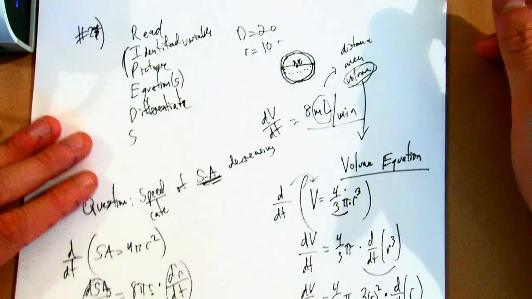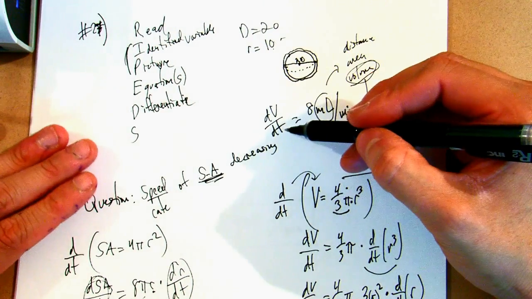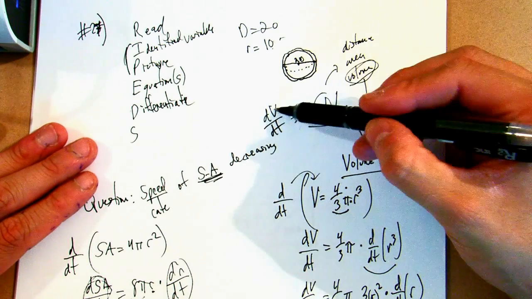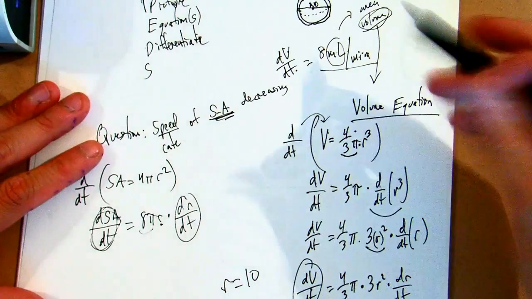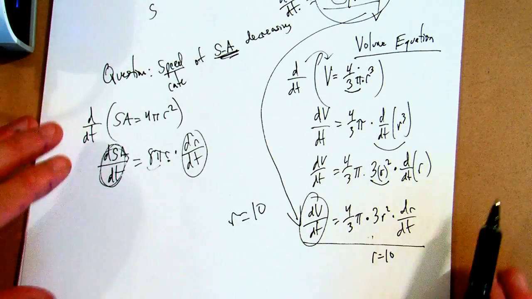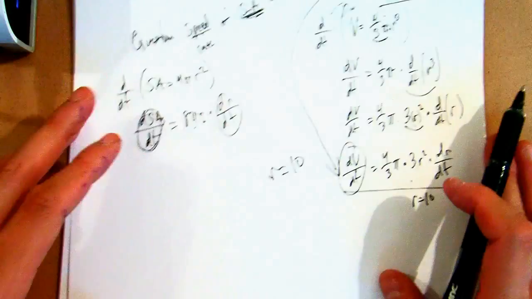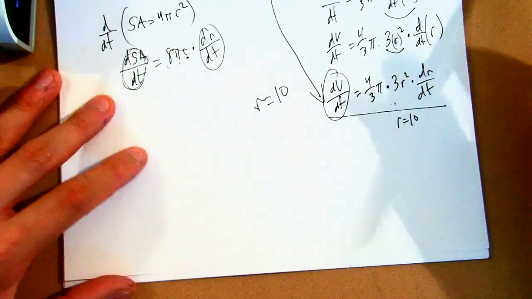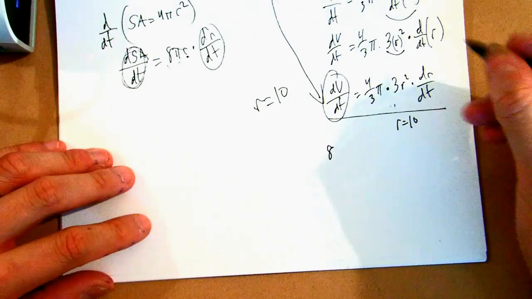So what you do now is you see this dV/dt here? That was the 8 milliliters per minute because that was volume over time, right? So then we plug this into here, and then we solve for dr/dt. And then once you get that, you plug that here, and then you've got dSA/dt.